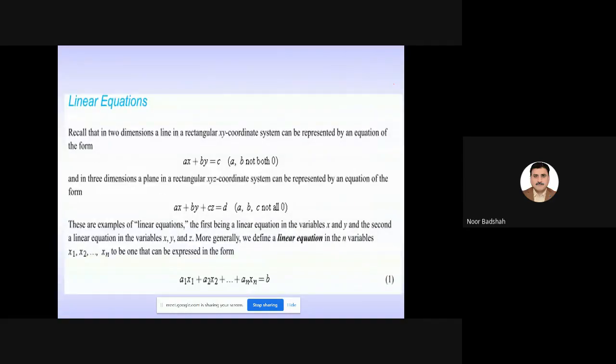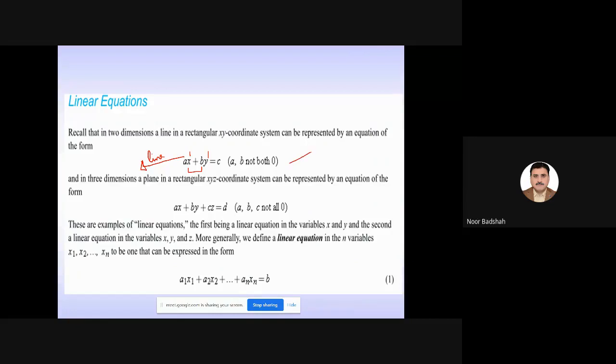Okay, I hope everybody knows linear equation. So linear equation is an equation with power equals 1. You see, this is a linear equation in two variables, and that basically represents a line. Equation of degree 1 in two variables, keeping in mind that is representing what?